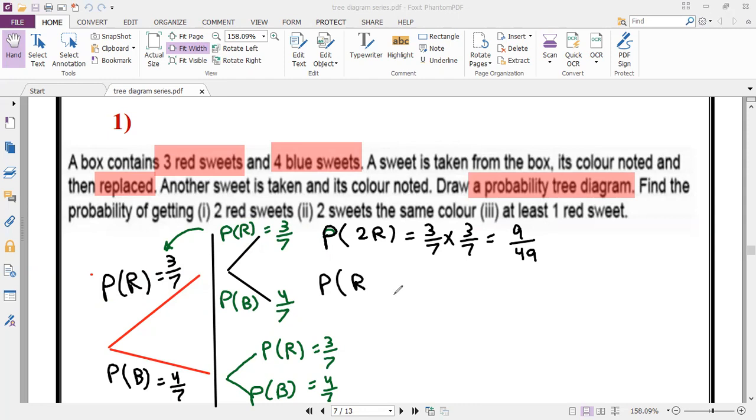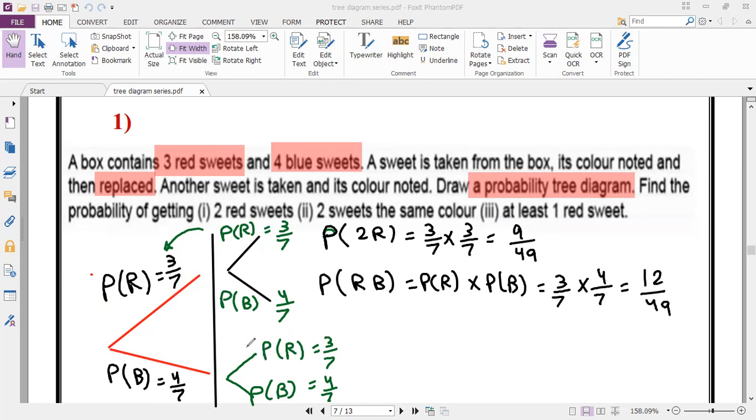So 1 red, and after that blue. It will be what? 3/7 times, so it's P(R) times P(B). It will be what? 3/7 times 4/7 equals 12/49.